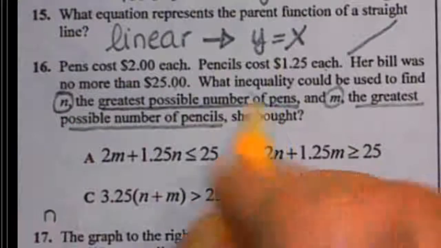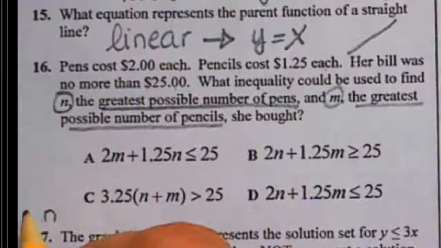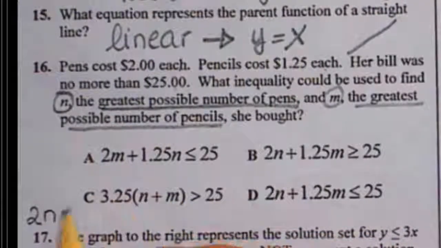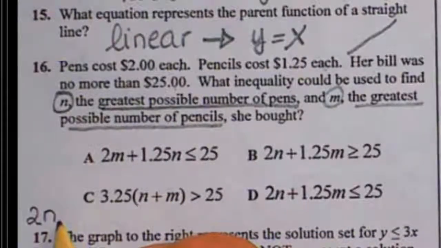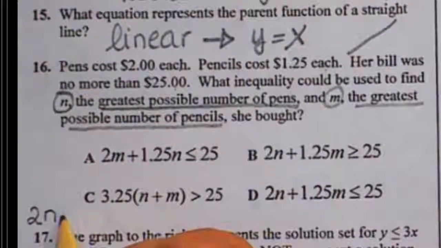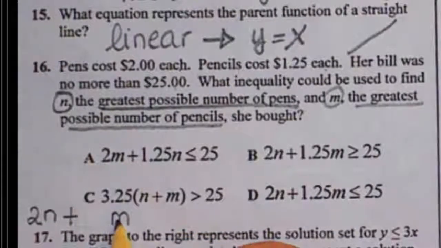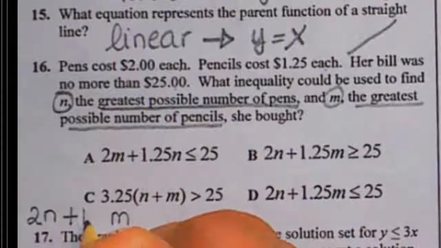And what is the price of pens? The price of a pen is $2. So let's put the price right in front of the letter. Okay, now this person is spending money on pens and pencils. So let's add pencils. And what is the price of pencils? According to the problem, it's $1.25.